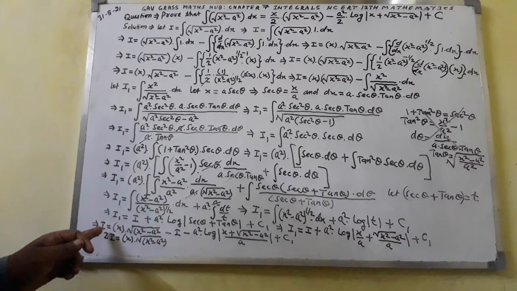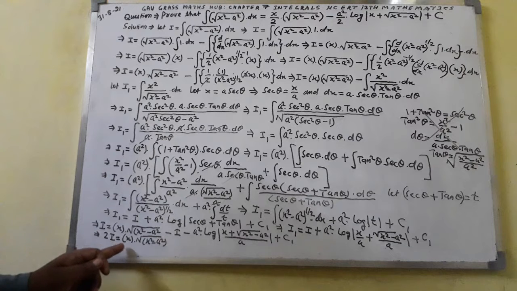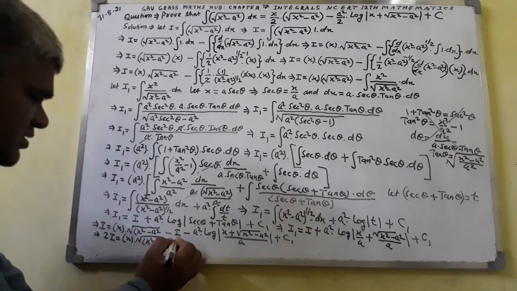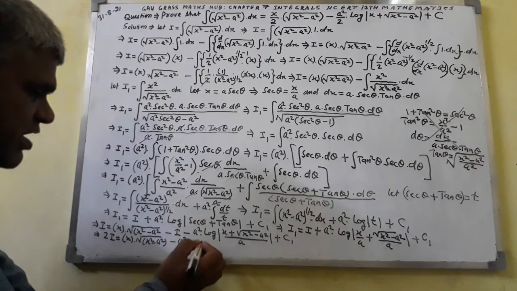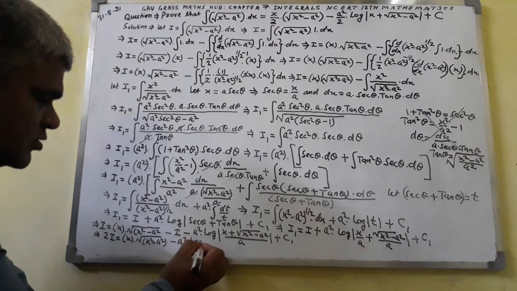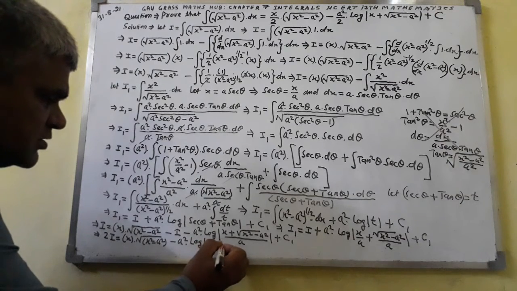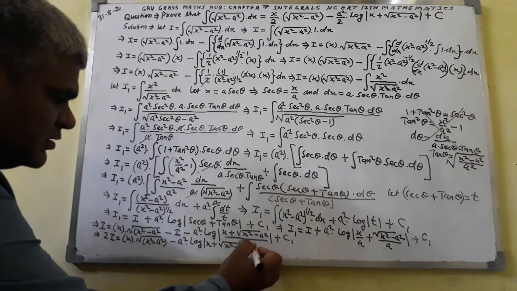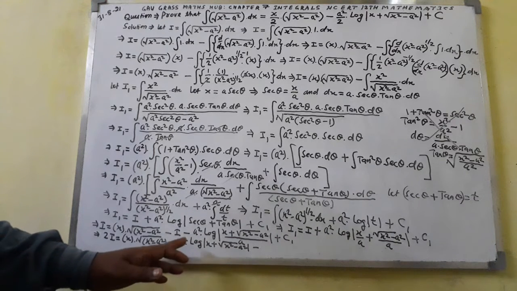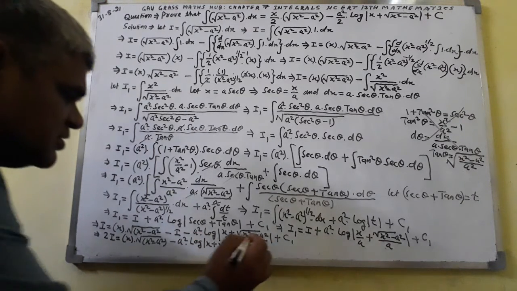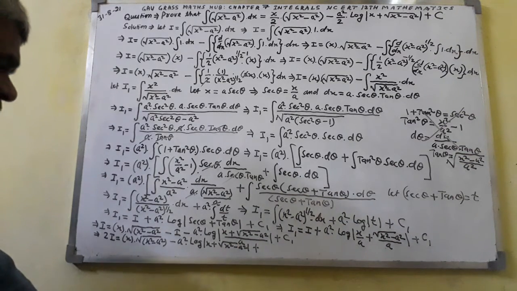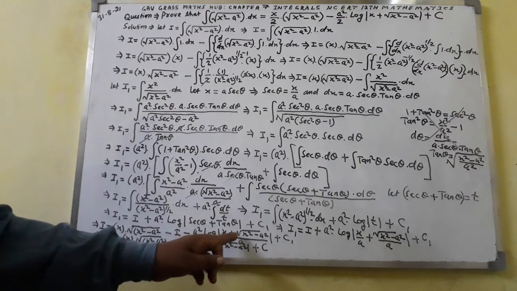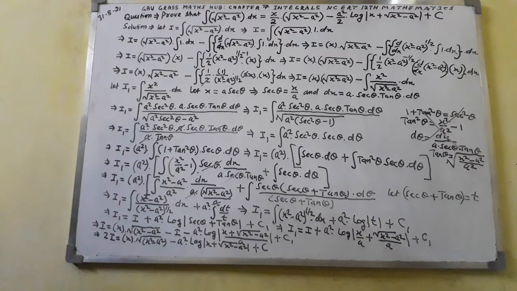It will become I plus I comes out to be 2I. 2I equal to x dot under root x square minus a square, minus a square dot log mod x plus under root x square minus a square mod, plus C. I shall write here C, because here you will get log x plus under root x square minus a square minus log a.